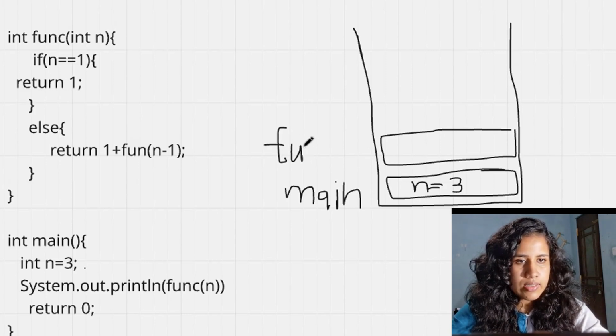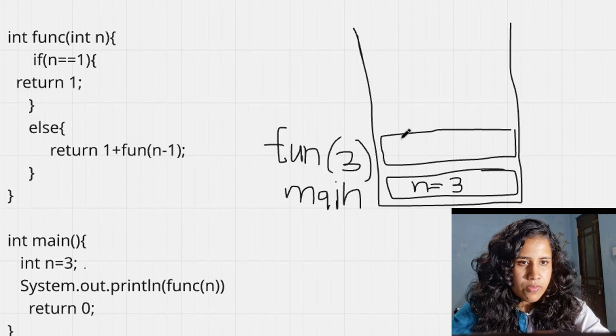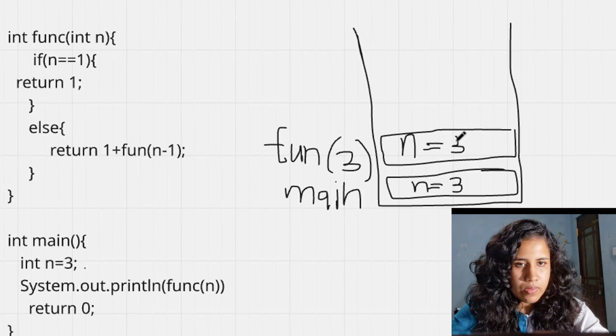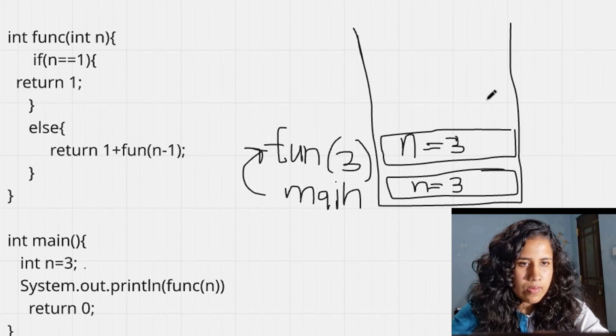So for the first call it will be function 3, where n is 3.